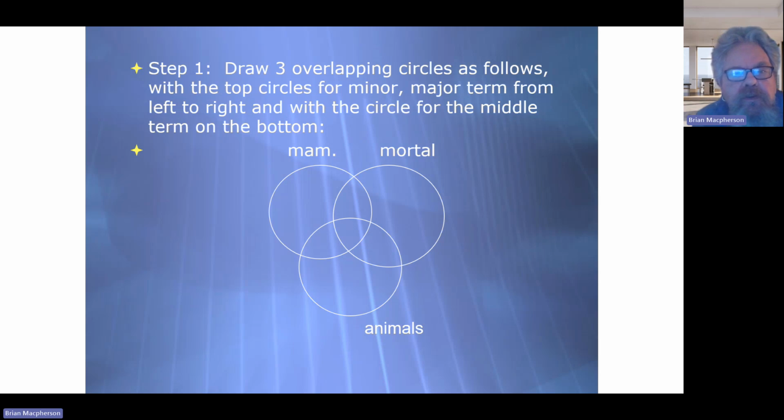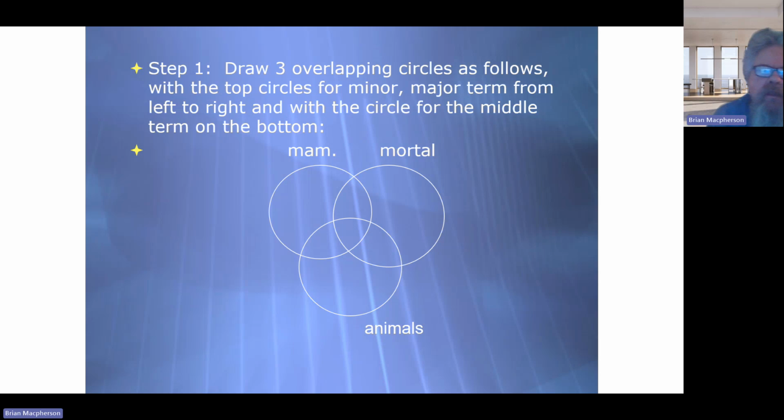Typically you put the circle for the middle term on the bottom, and then you put the circles for the subject and the predicate term on top, like this. Now, you don't absolutely have to do this. It doesn't really matter where you put the circles, but the tradition is to put the subject and predicate on top and the middle term on the bottom.